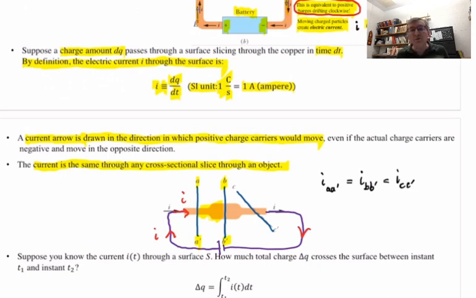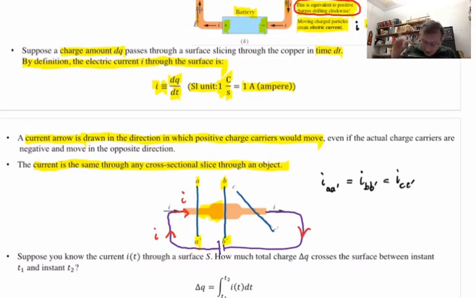Charges moving through conductors is not like cars on a highway. You can't have a traffic jam in a conductor like this. The current, the rate at which charge passes through a surface, is the same for any surface. That's a very important thing to remember.